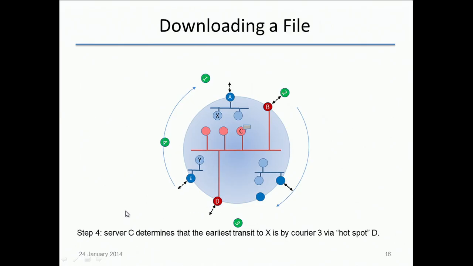So to forward the file, he forwards the file not back to B, but rather to hotspot D, where it waits for not courier 2, but courier 3, which is further advanced, to approach.